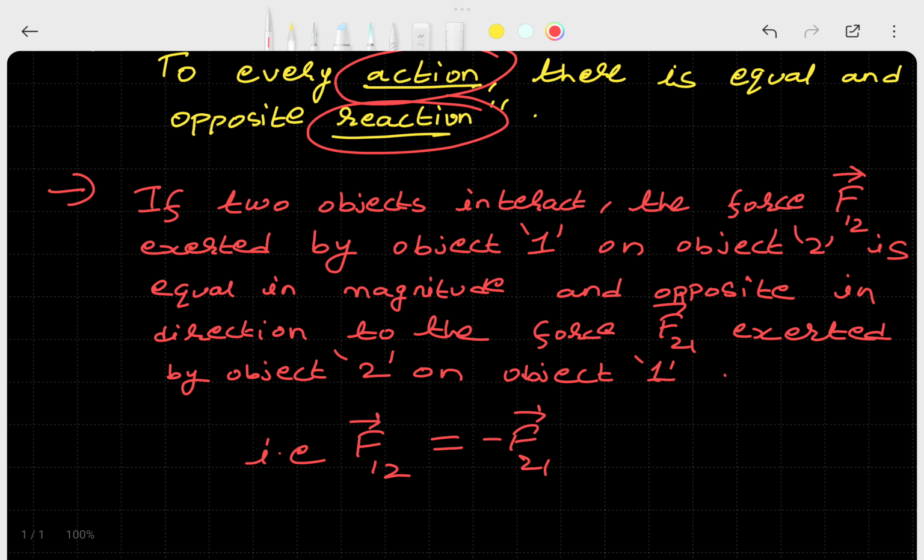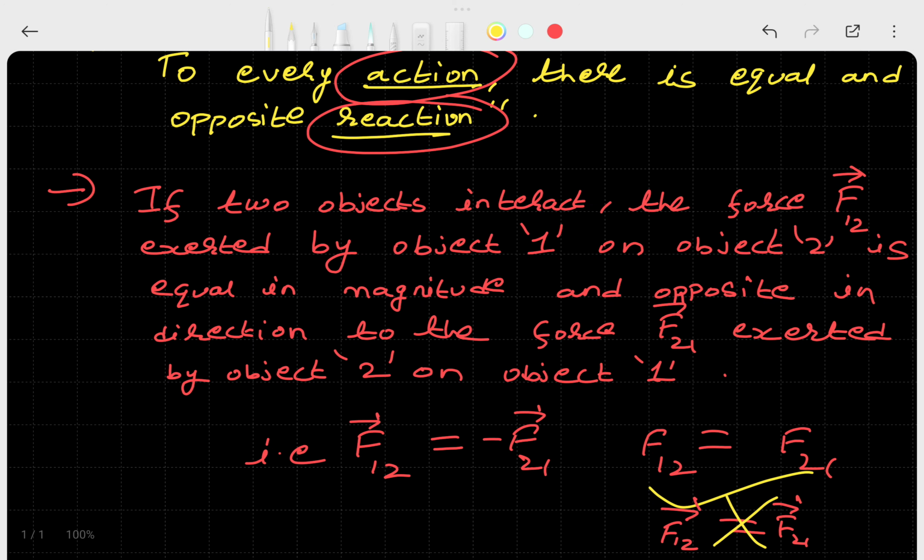F12 is equal to F21 in magnitude, which is correct. But if you put an arrow, a vector sign, and write F12 equals F21, then this is wrong, because the direction is different.